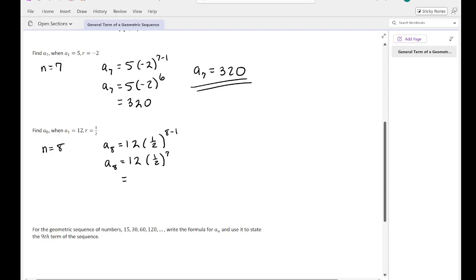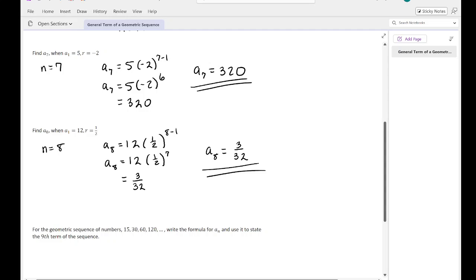Throwing that into your calculator, it'll be a decimal, but you can always convert it to a fraction, 3 over 32. So the 8th term of this geometric sequence is 3 over 32.